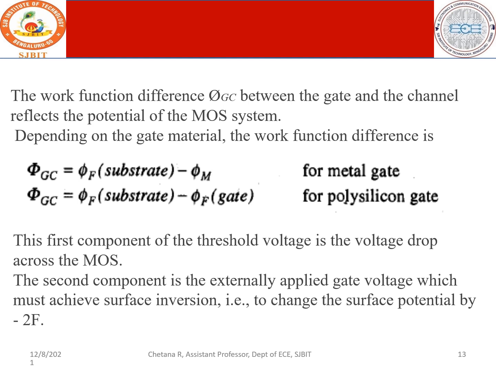So the first component of the threshold voltage is the voltage drop across the MOS. The second component is the gate voltage. We have seen that just now in the previous slide. So that applied gate voltage is very much sufficient to achieve surface inversion. So please remember, we had three modes of operation. The first one was accumulation mode, second one was inversion mode, and next we had saturation mode.